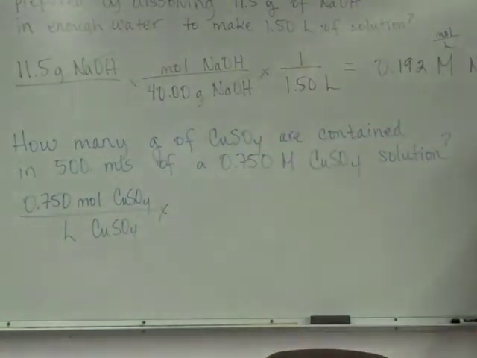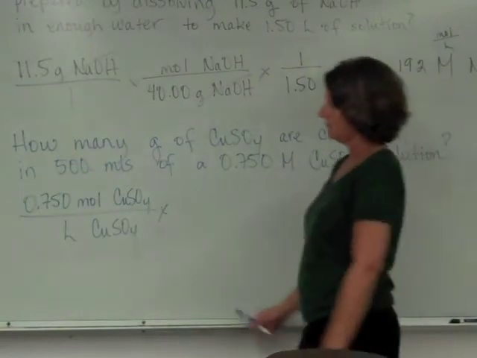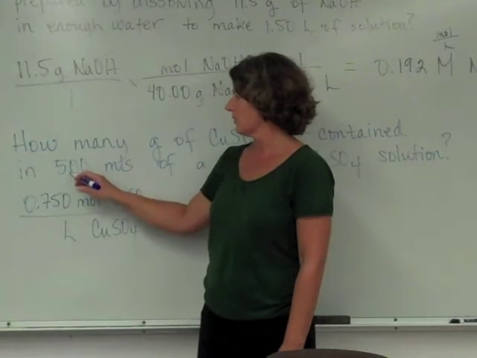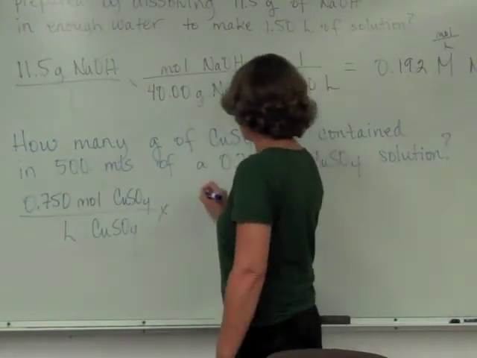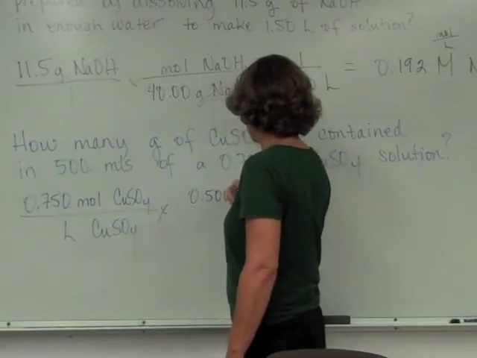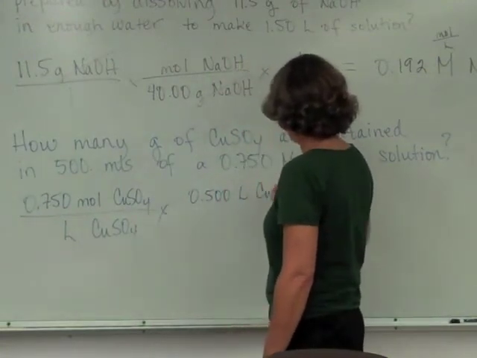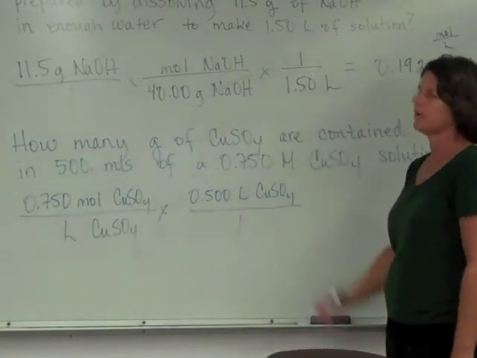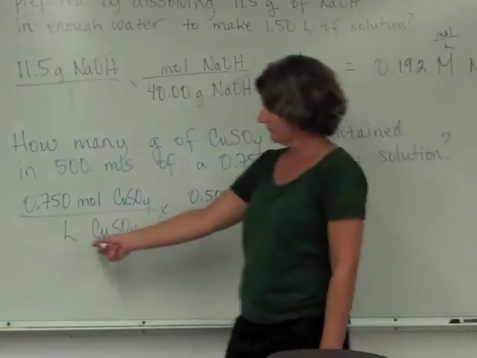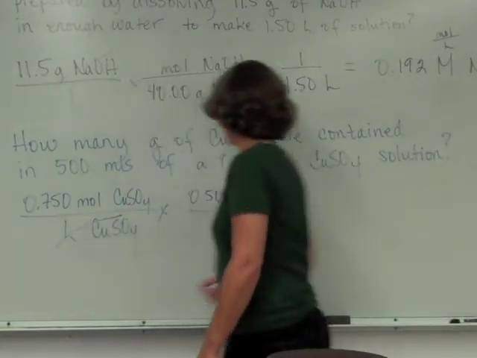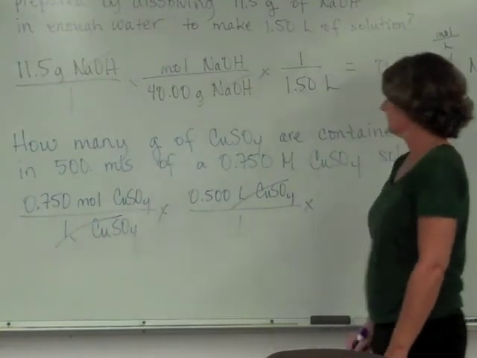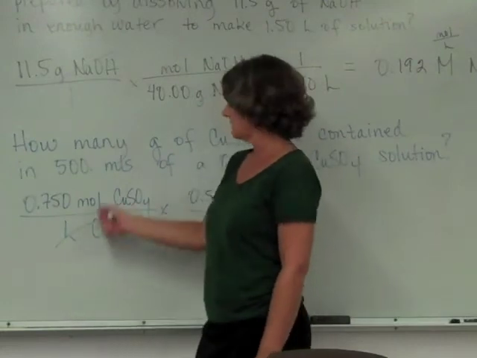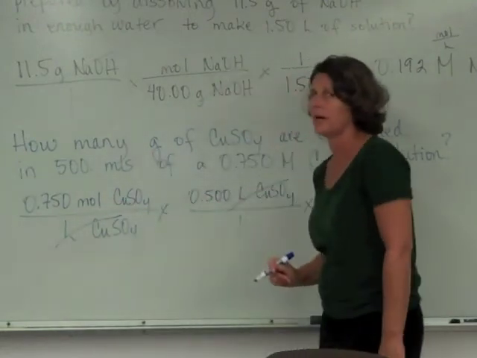How many liters of it do I have? I have 500 milliliters. 1, 2, 3. So I have 0.500 liters of that solution. Why did I put it in the numerator? So I can cancel it here. Great. Got rid of liters, only got moles, but I'm looking for grams.